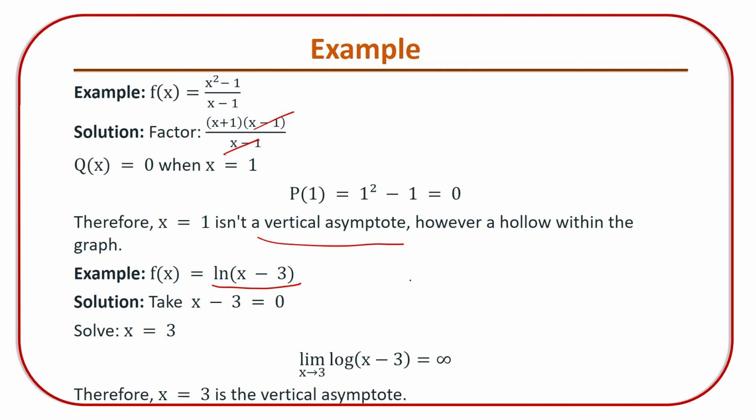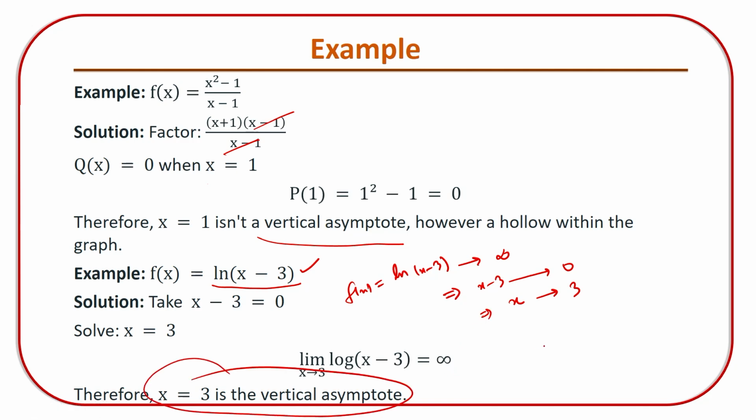If I want to find the vertical asymptote, I make ln of (x minus 3) tend to infinity, and for that I make x minus 3 tend to 0. So this will give me x tends to 3. So x equal to 3 will be our vertical asymptote for this function.